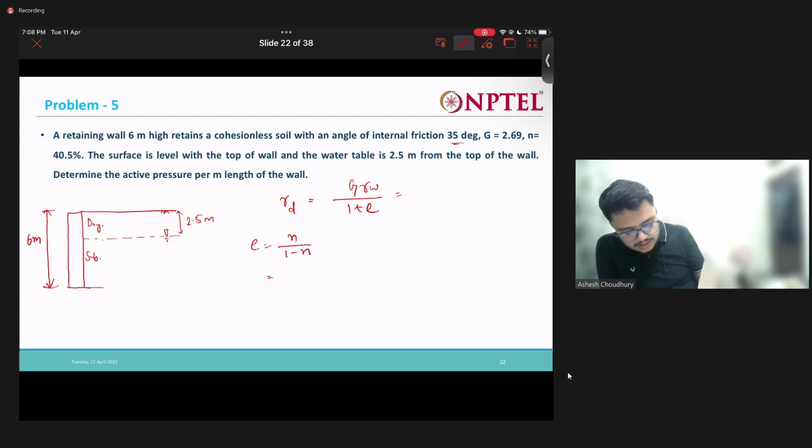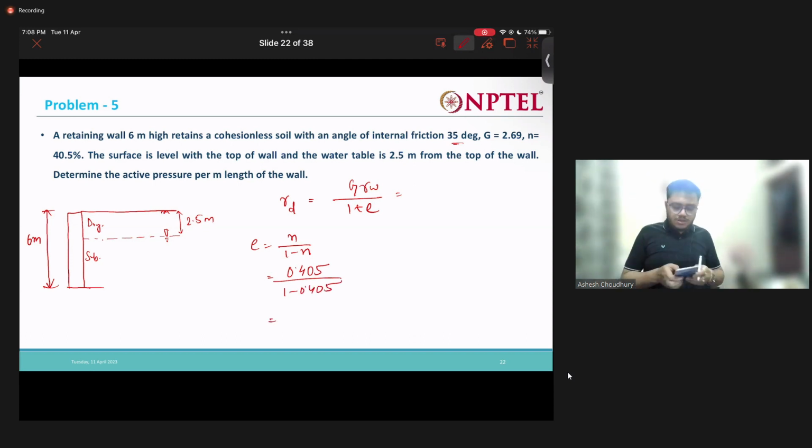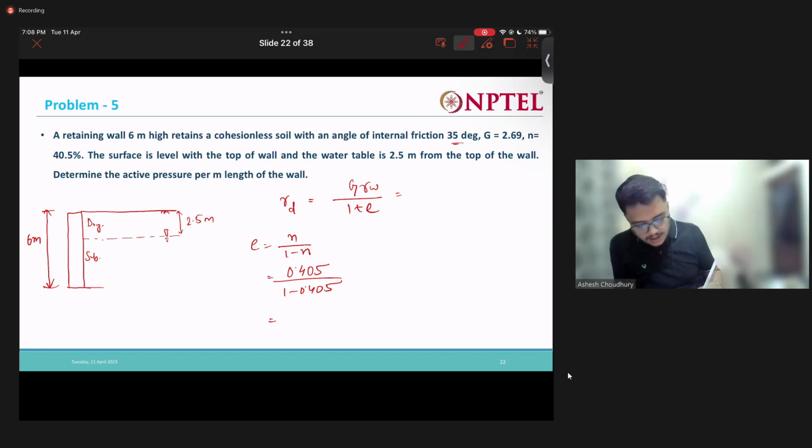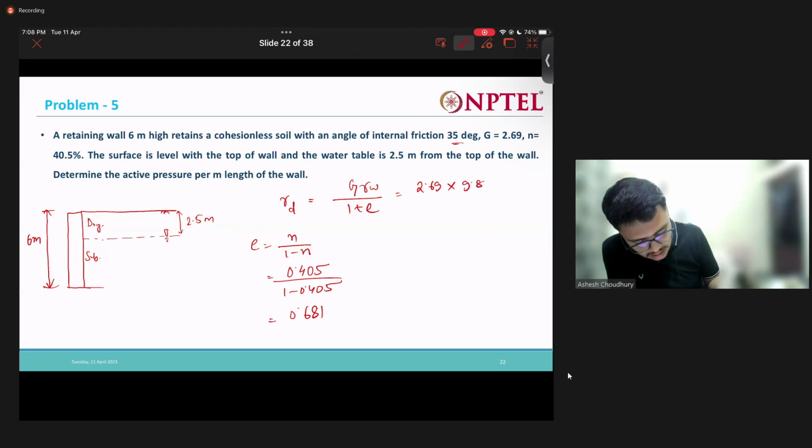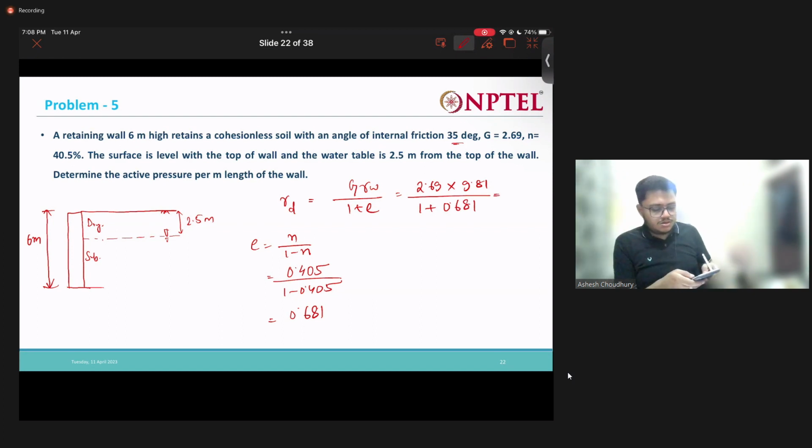So n is given as 0.405, so e will be 0.681. So G is 2.69 into 9.81, divided by 1.681, which is 15.7.